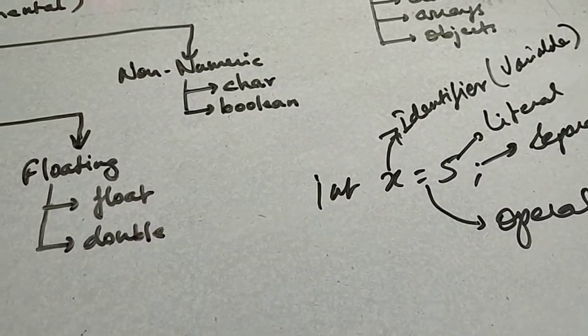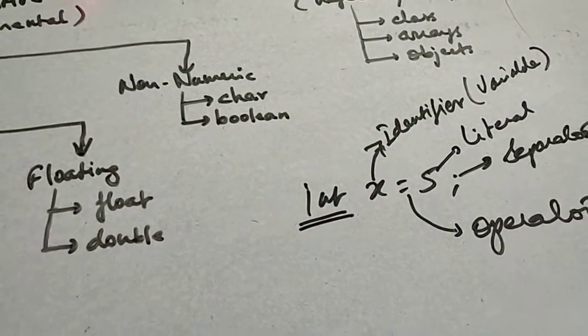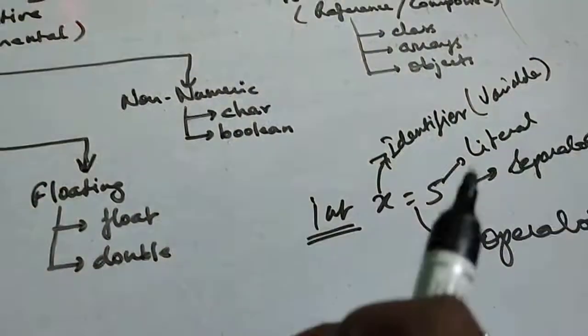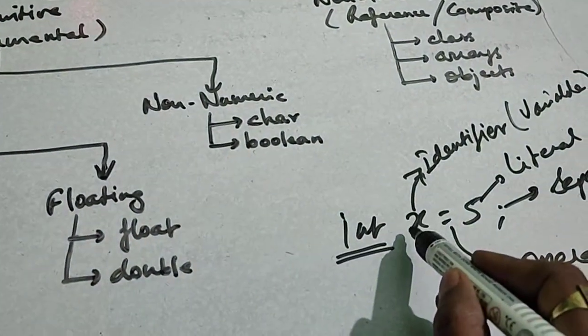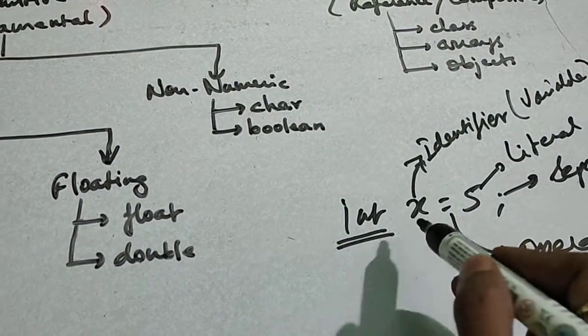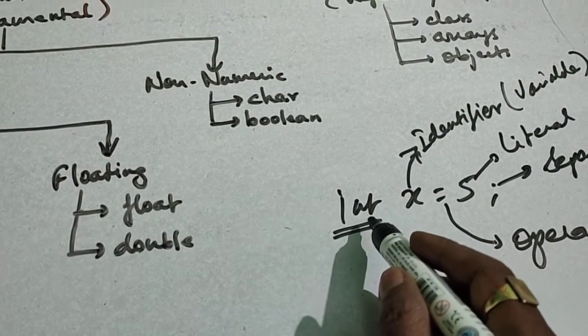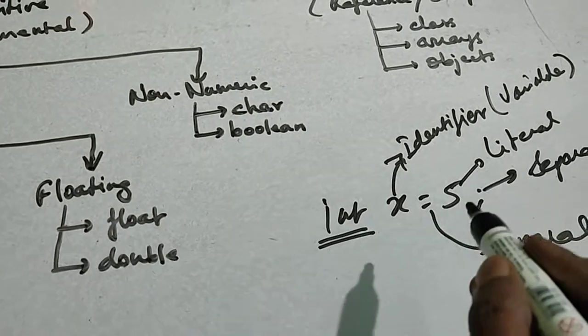And there is another one that is written as int. It's a reserved word or keyword that is associated with the variables. It tells us about the type of value that we are going to assign to this particular variable called x. Int means integer, and integer refers to a whole number.